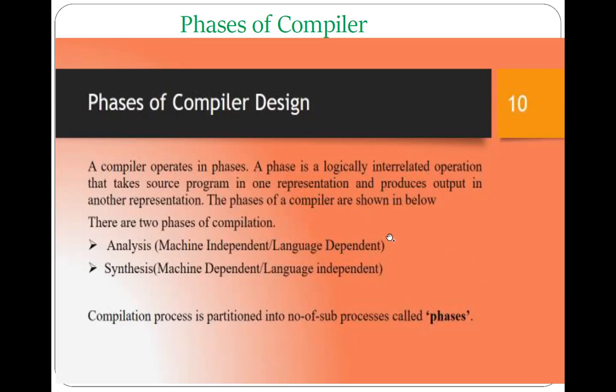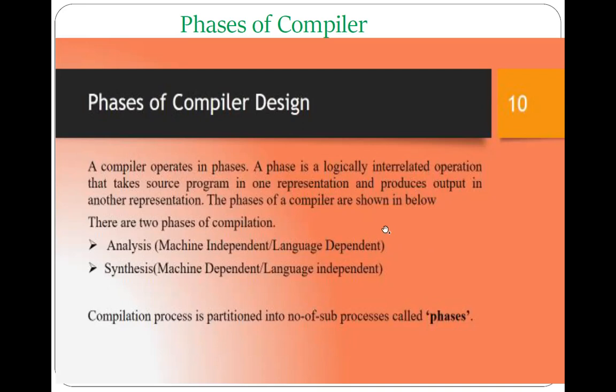So phases can be described as different kinds of interrelated operations, or different stages, or a number of sub processes in the processing of your source program by the compiler, where the compiler converts your higher level language program into the lower level language program.